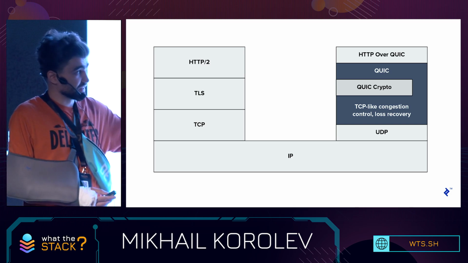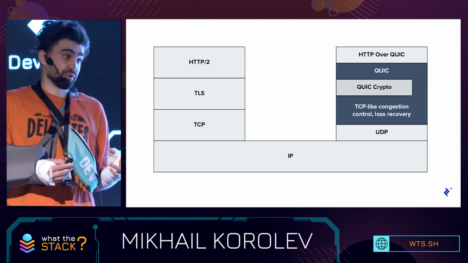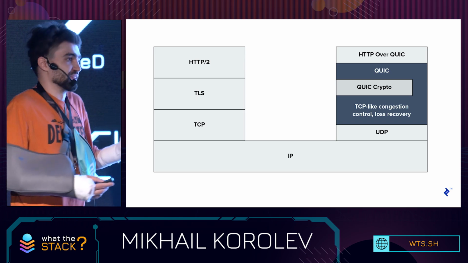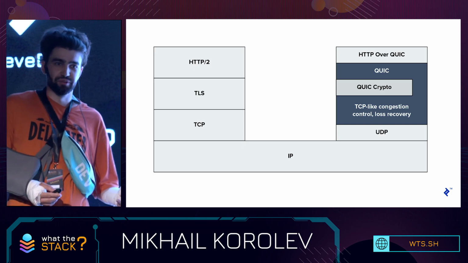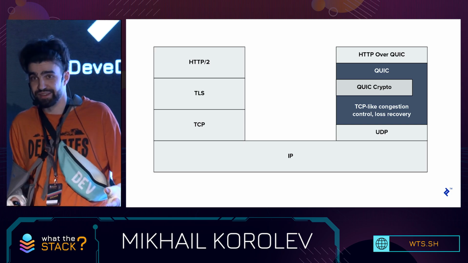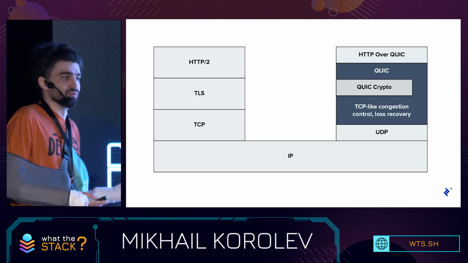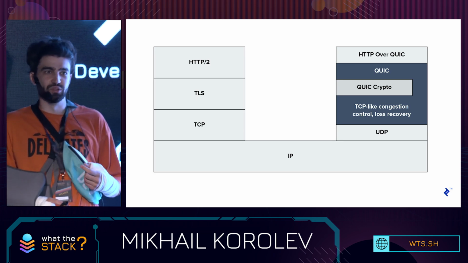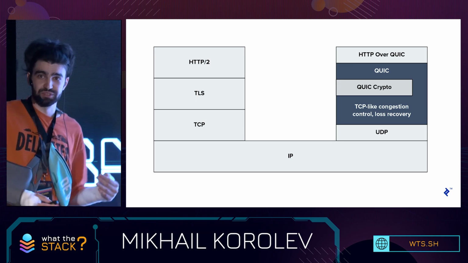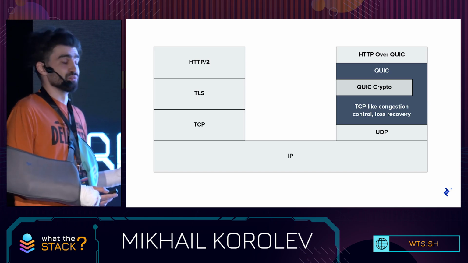The congestion control and loss recovery are handled by the protocol itself, which simply means that, let's say you are loading a website and you walk into your house and get connected to Wi-Fi. The website will continue to load, and there will be no network interruption, which is incredible. Also, there's much less overhead on loading a lot of files at the same time, which can, in theory, bring us closer to the dream.